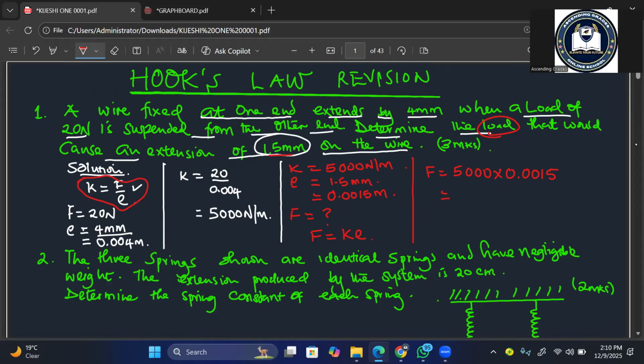And this one will land us to dash Newton. So after computing, then you're going to get 7.5 newtons.